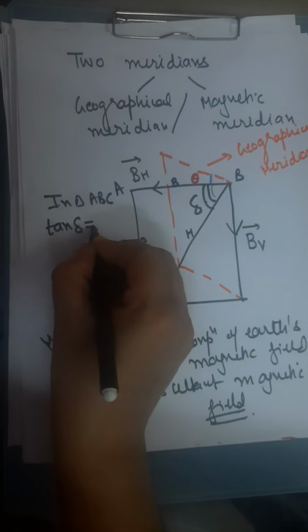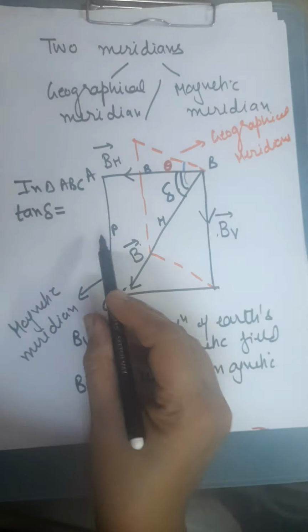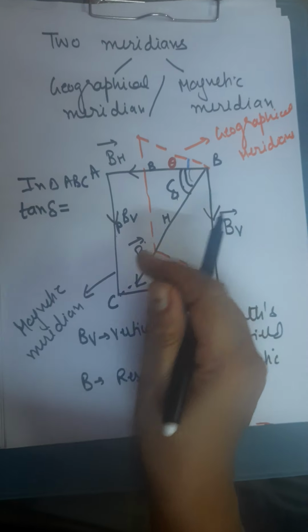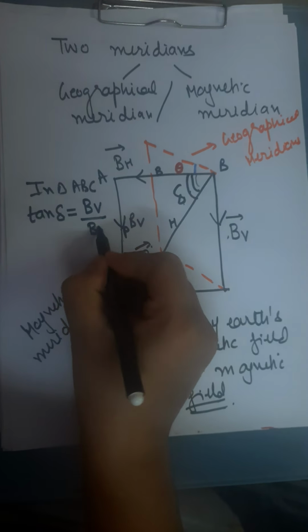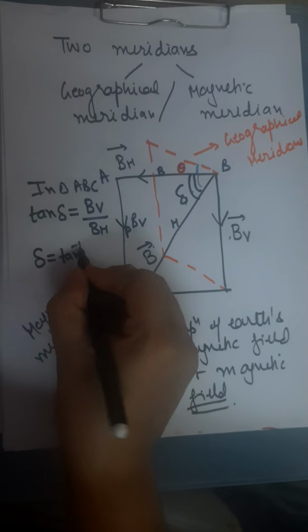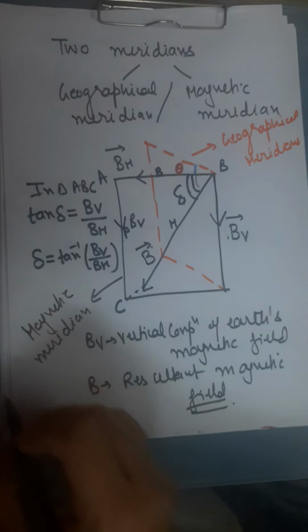Yes, look at it carefully. Tan delta is perpendicular by base. If children this is BV, then opposite to this is also BV, right? So tan delta is BV by BH, or I write delta is equal to tan inverse BV by BH.